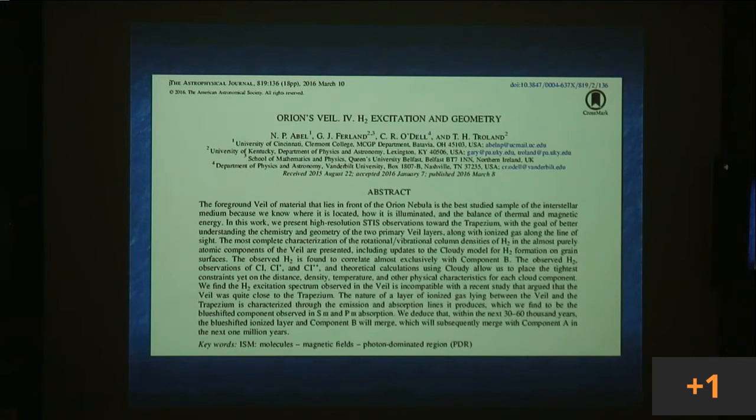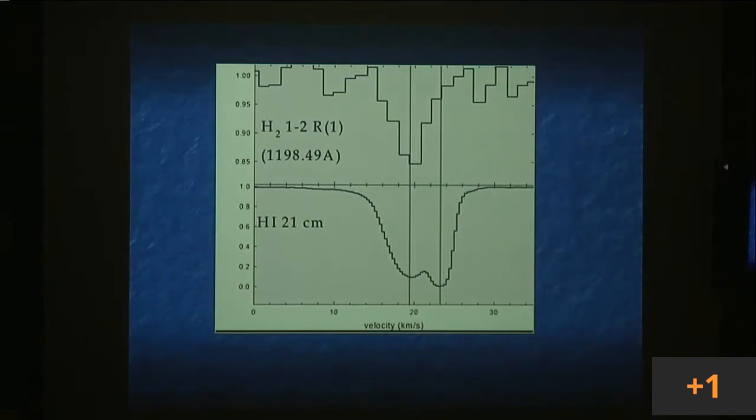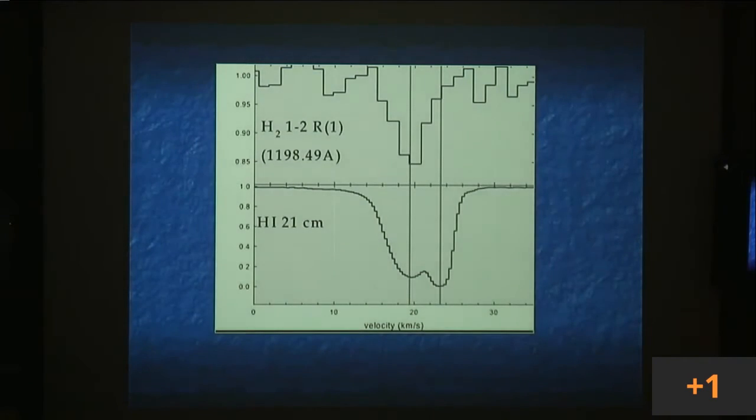But what Nick has done is study it over an entire range of wavelengths. And here, for example, from the optical, the ultraviolet, so here are molecular lines in the veil. So this allows you to determine the physical conditions, and the 21 centimeter observations of the same line of sight.